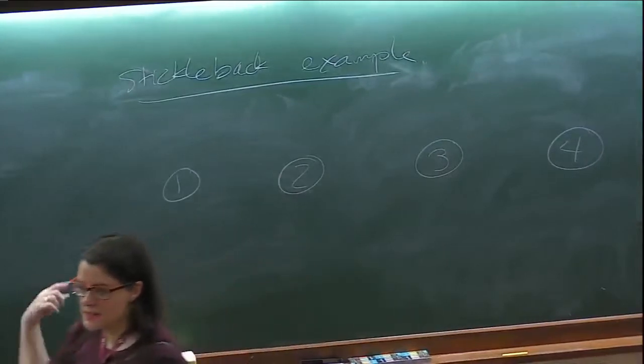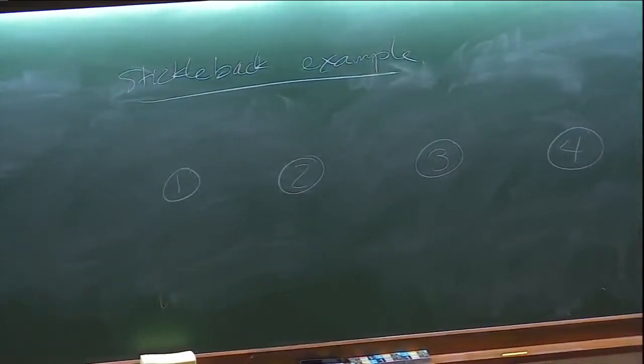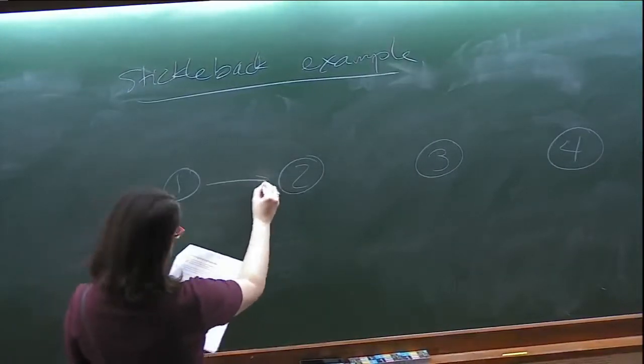The circles indicate what are sometimes called nodes, so those are the different age classes. And then we have arcs or arrows showing how we can move between them.